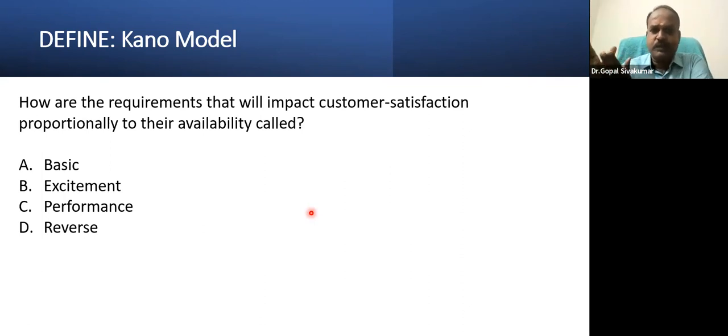Your car is giving more mileage, then you'll be more satisfied. If your car's mileage is going down, your satisfaction will also go down, right? And moreover, all of you need to understand, it is the performance features with which you compare one product against another product, particularly a competitor. You compare a product against the competitor's product using the performance features only. That is why it is called a performance feature.